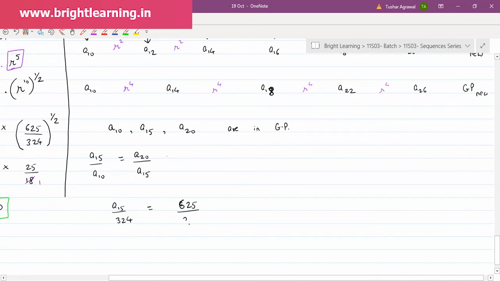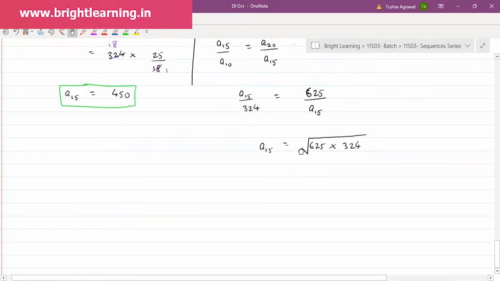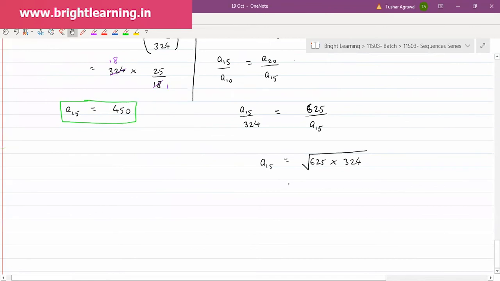So A15 squared turns out to be equal to 625 multiplied by 324. To remove that square, I will take the complete square root. So we get 25 into 18.